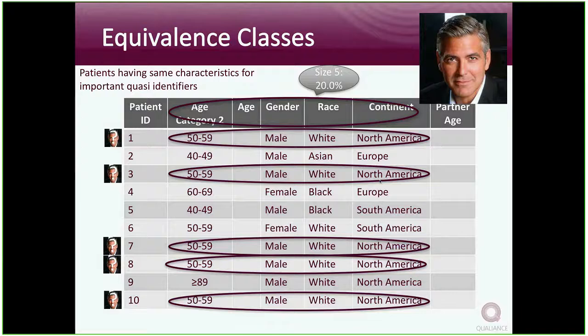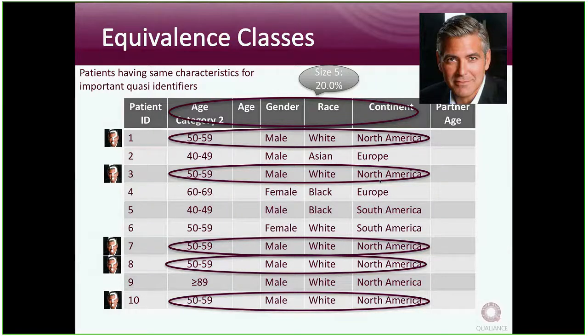So you have to imagine that we will do this for every single patient in the data, and we will assign a probability of reidentification to every single patient based on which occurrence class they belong to and what is the size of the occurrence class.